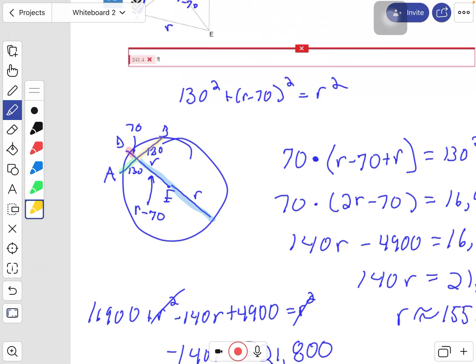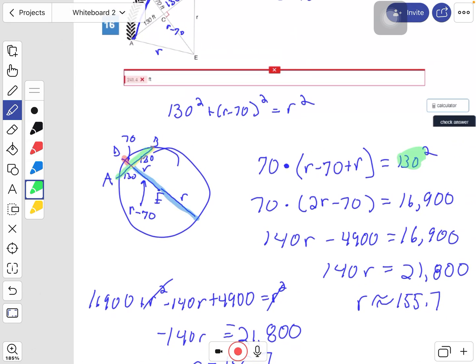So I just went ahead and multiplied those things together. The green segment times the yellow segment, that's pretty easy. That's where this 130 squared comes from over here on the side of my screen. I'll shrink that down a little bit. So if you take 130 times 130, obviously that's 130 squared. To get the length of the red piece there, that's obviously 70, so that wasn't too bad.